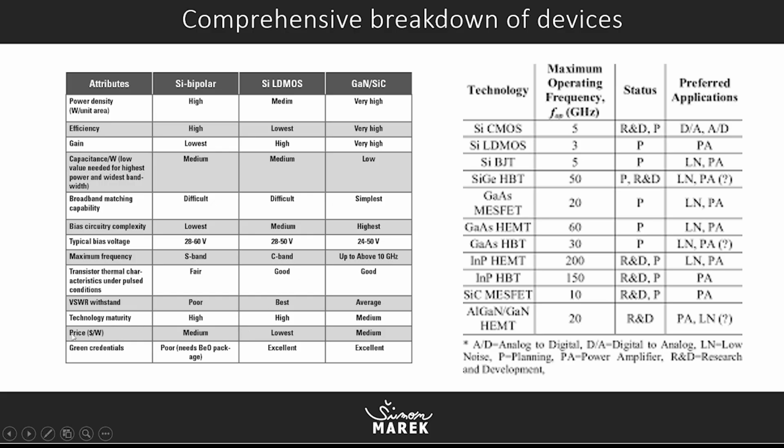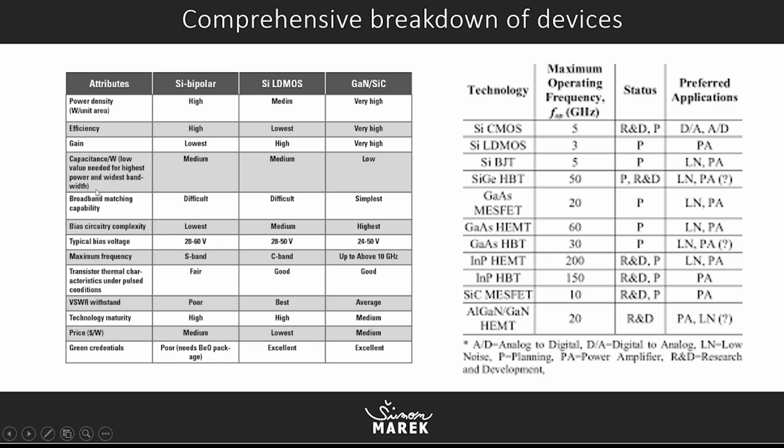We also might need to take a look at the price. In this case, the most interesting are LDMOS and gallium nitride, and the voltage is quite fine for both.